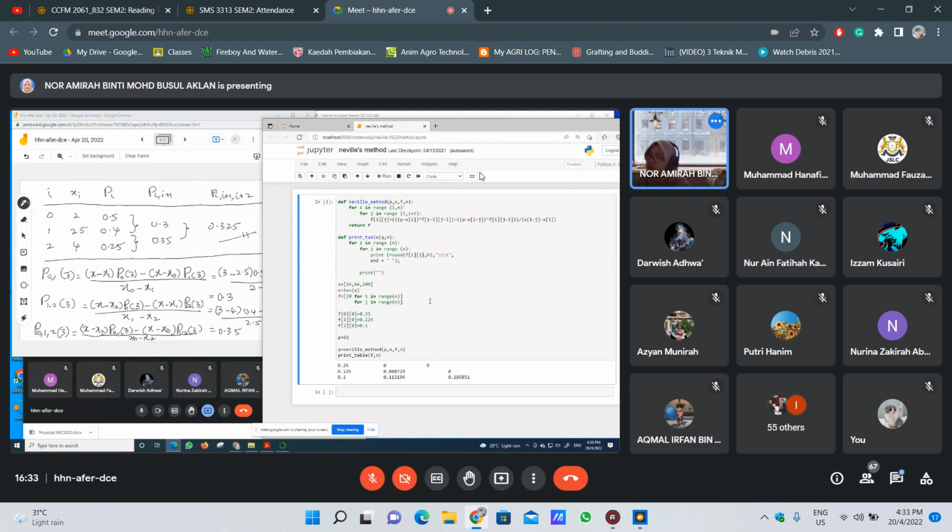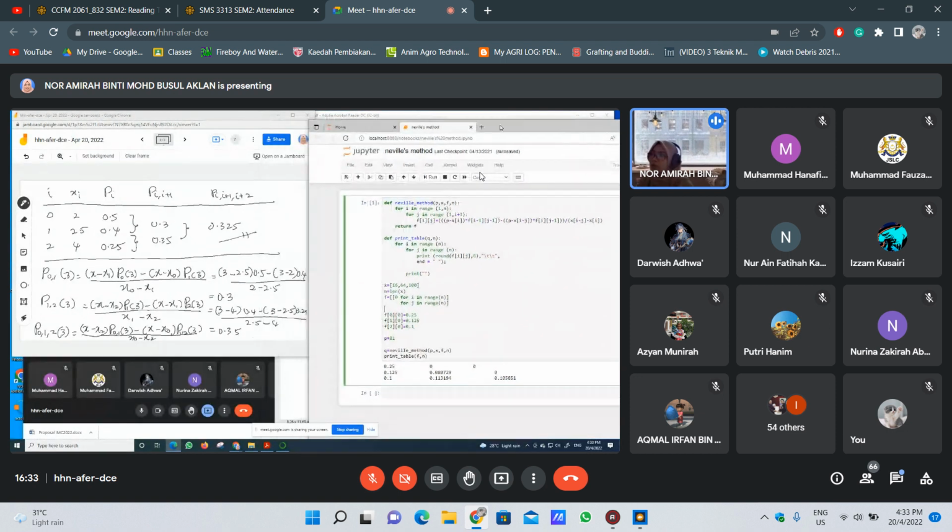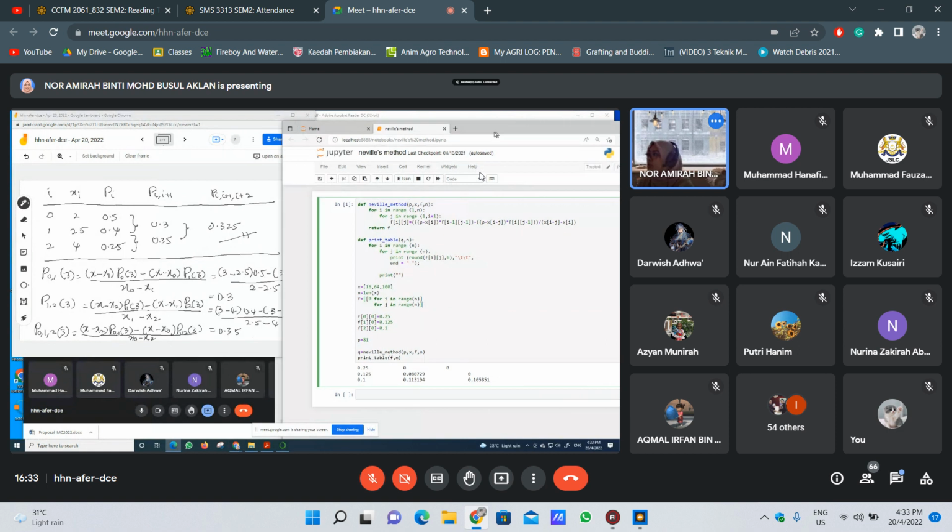Kita ada example ni. Calculation okay. Boleh buat ni. Dia punya coding ni.